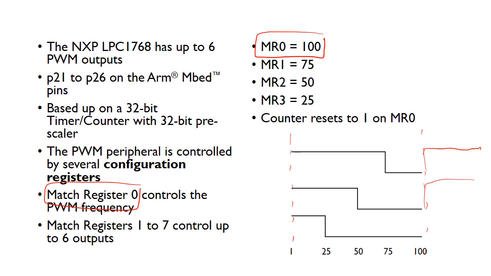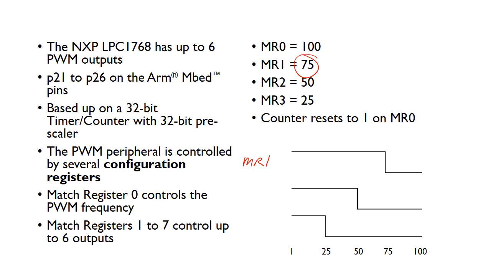And then you've got match registers 1 to 6 which control up to the 6 different outputs, and the values that we write into those registers essentially control the duty cycle. So in these examples, for match register 1, we've assigned a value 75.